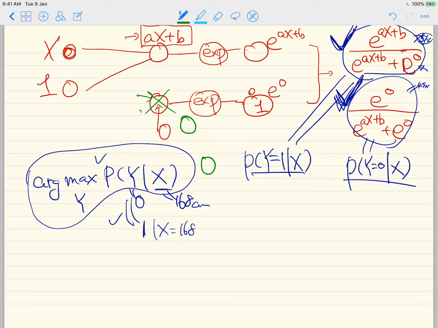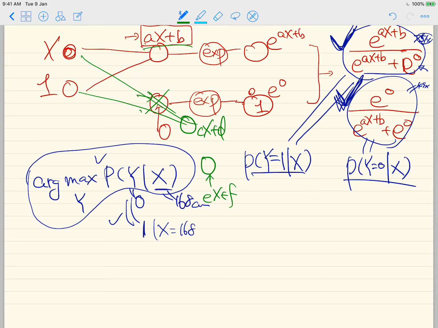It has ax plus b, and this one will have its own linear combination cx plus d, and this one is ex plus f. So a, b, c, d, e, f are all independently obtained through our optimization process, but we do not talk about how to obtain their optimal values.